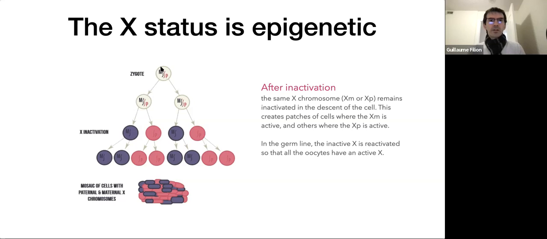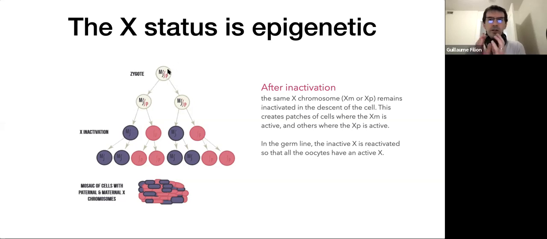So the way it works is that the zygote here with one cell has two active chromosomes, so it's usually written M and P for maternal and paternal. So they put the P in pink for some reason, even though that's paternal, and the M in blue, even though that's maternal, but never mind.